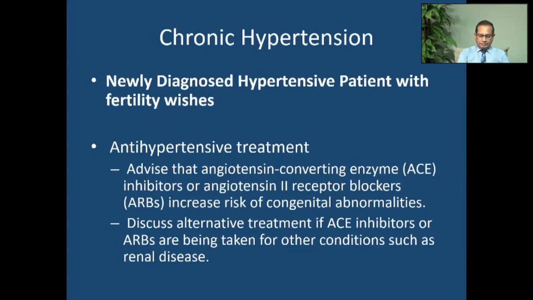The other way around, discuss alternative treatment if the patient is taking ACE inhibitors or ARBs for another condition, for example renal disease. Sometimes a patient might be on ACE inhibitors or receptor blockers because of proteinuria or some sort of kidney disease. So in those situations, you need to have a discussion with the patient about the alternative treatment options available for the plan of pregnancy.